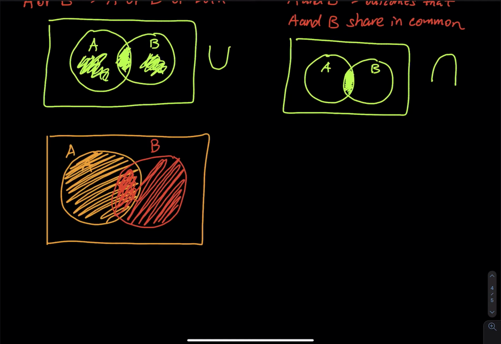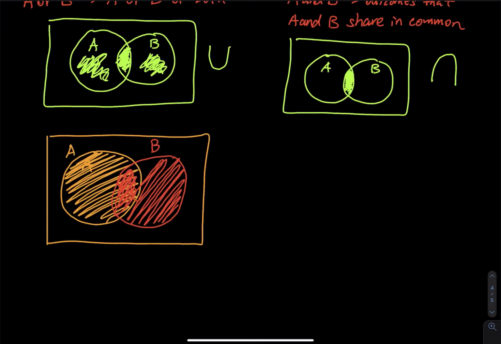If you look at the intersection, I already counted the intersection one time, using orange. And then I put the red on top of orange, which means I count the intersection twice. Let's go over this again. I have an orange circle for A. I fill up the whole circle. And then I need to fill up the entire circle of B using red.